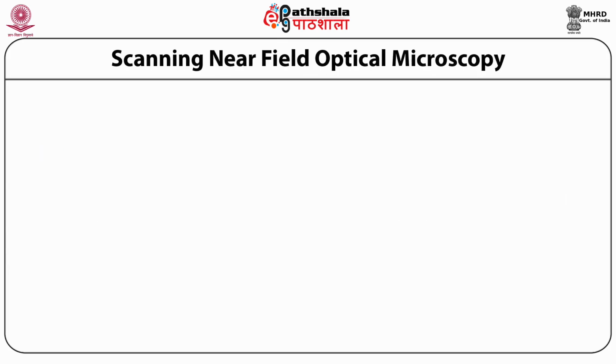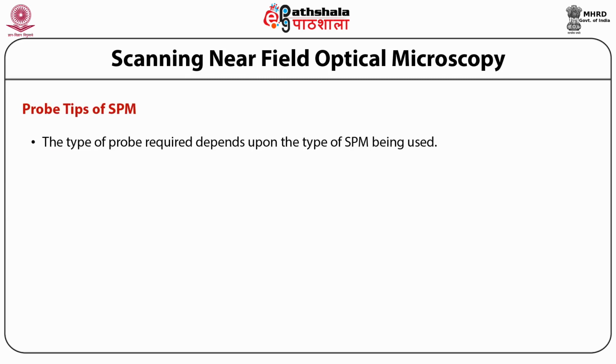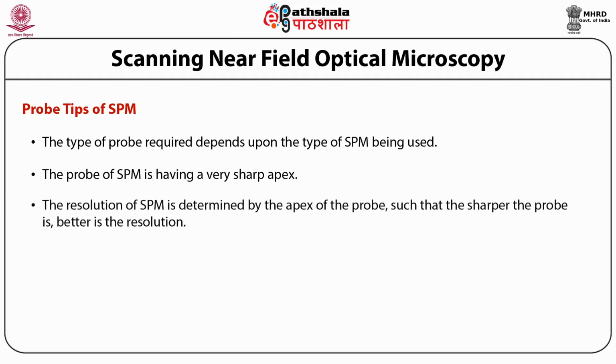Now it is important to discuss the probe tips of SPM. The type of probe required depends upon the type of SPM which is being used. The probe of SPM has a very sharp apex. The resolution of SPM is determined by the apex of the probe, such that the sharper the probe, the better the resolution.